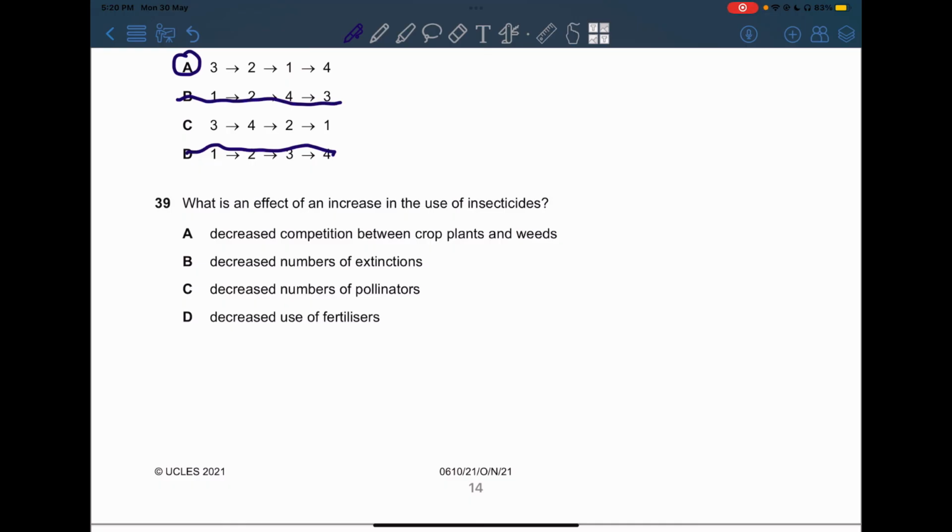Well, no, that's because insecticides work on insects and not weeds. Decreased number of extinctions, well, no. Decreased numbers of pollinators, well, this is correct because pollinators are basically the insects that come and pollinate the plant. D, decreased use of fertilizers, well, this is not really correct, so our answer for 39 will be C.